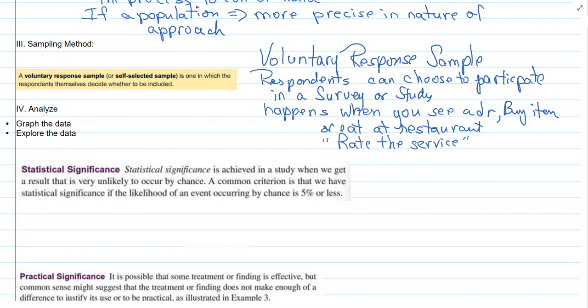All right, and the last thing we do is graph the data or explore the data. This is when we make conclusive inferences about what the data is saying regarding the initial question.